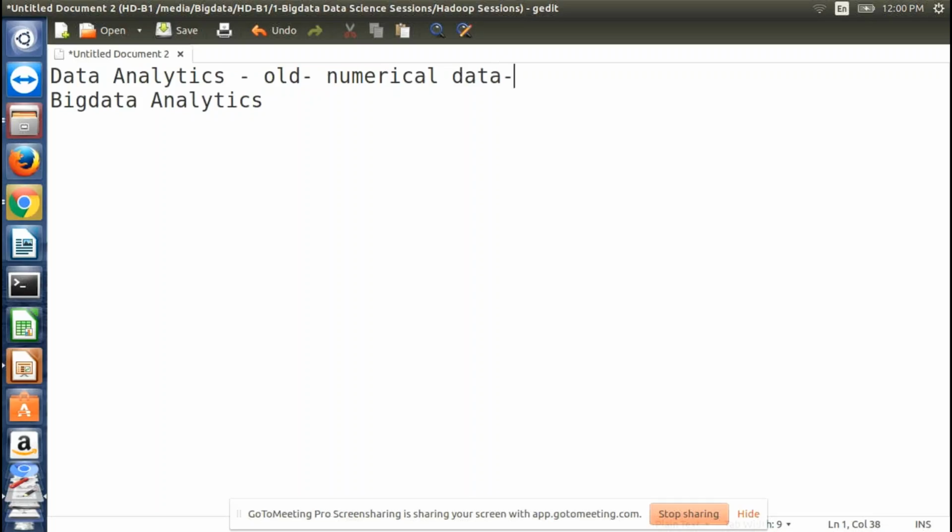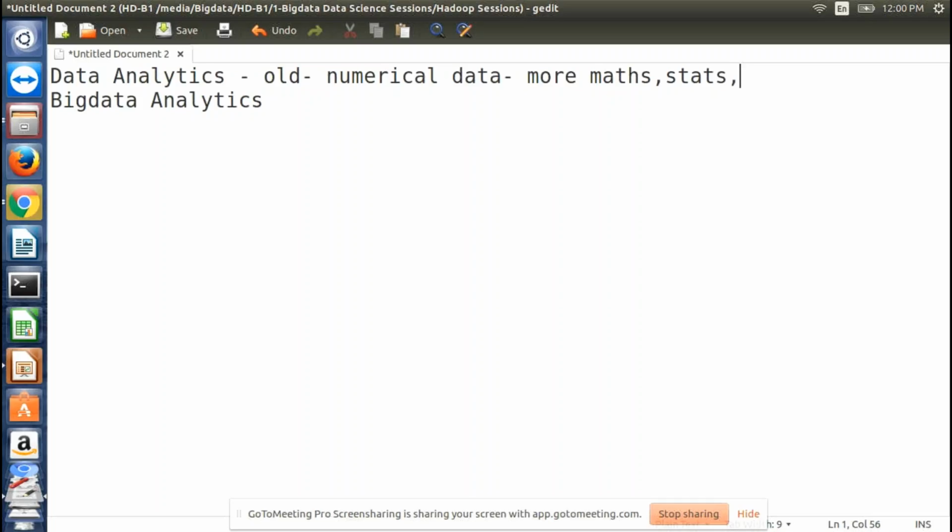But what tools are used here? More maths, more stats. Maybe you are masters of all of us.